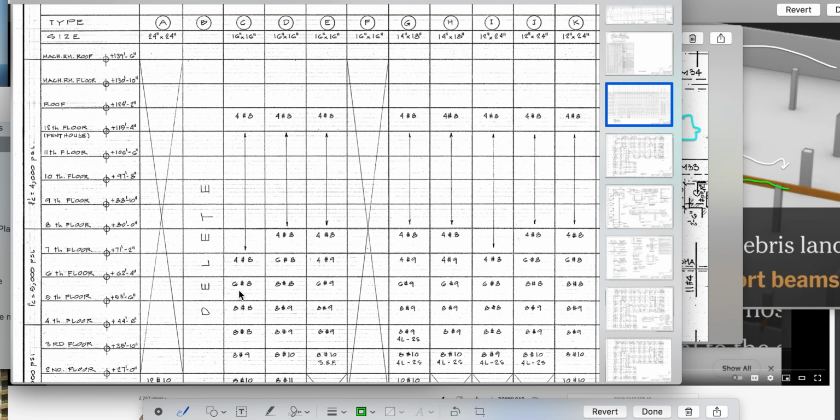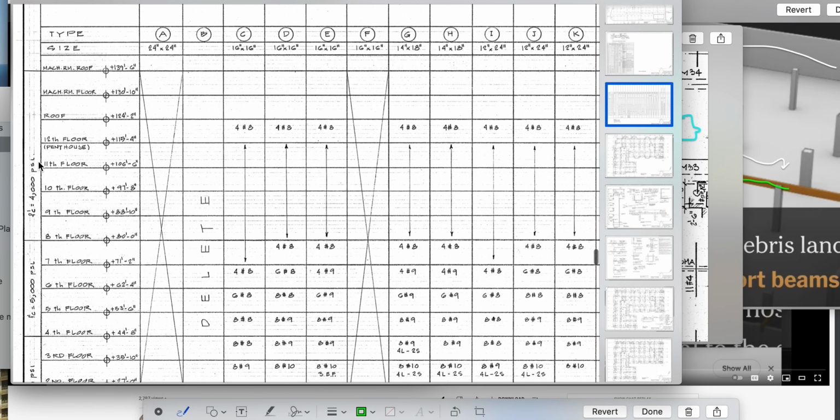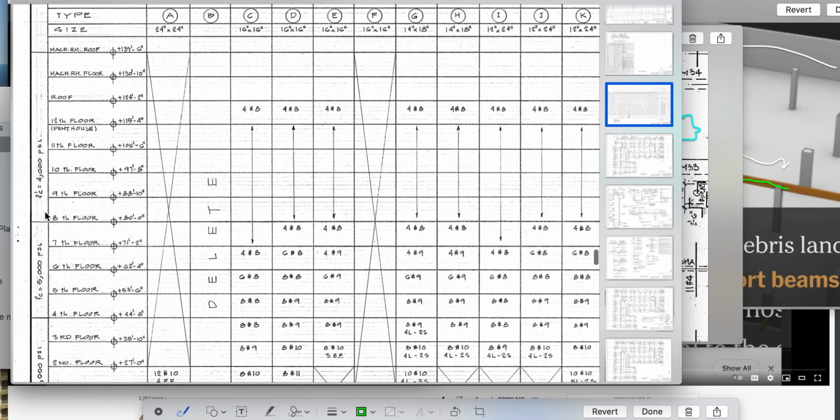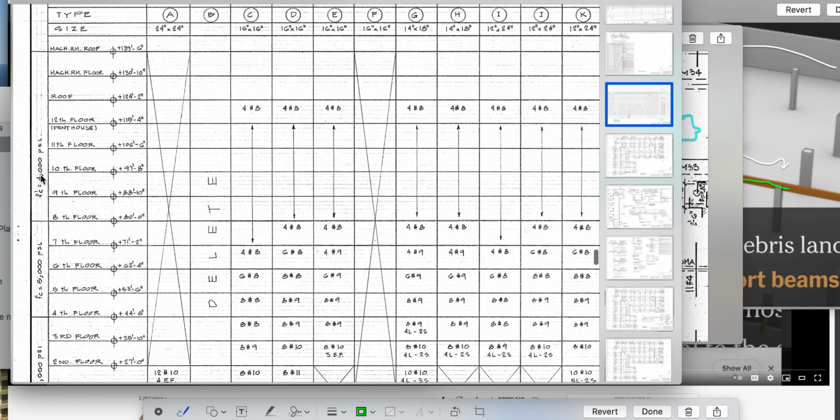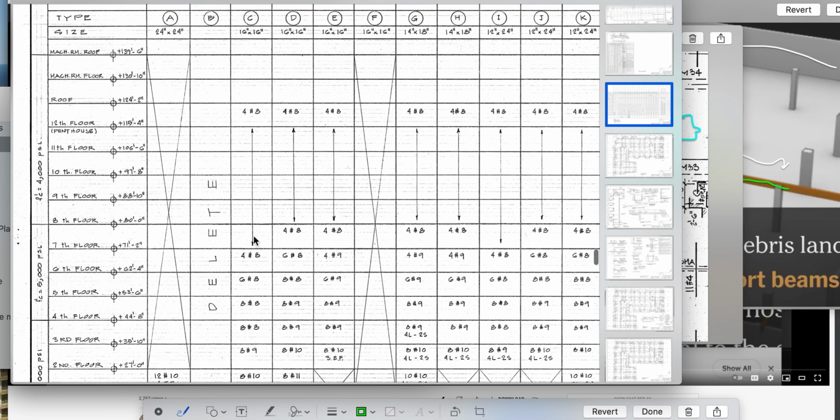Instead of having 6 bolts going up, they change it down to 4 bolts. And they also change the nut at the A floor to be a smaller nut, a 4,000 psi. So the nut is a weaker nut, a weaker connection to hold the bolt together. The connection is weaker now with 4,000 and only 4 bolts in it.